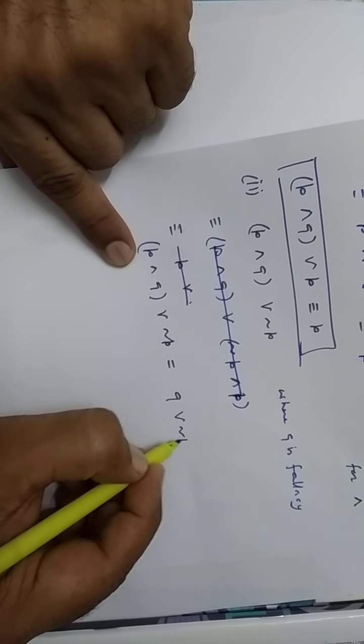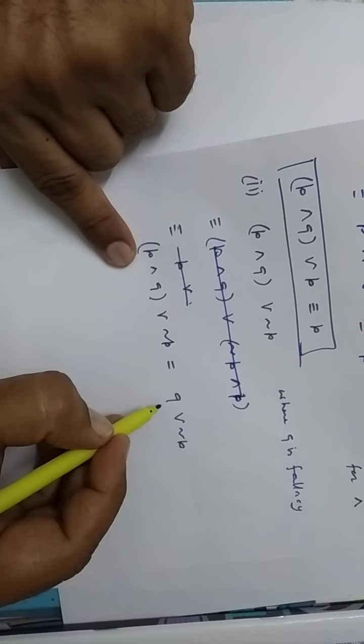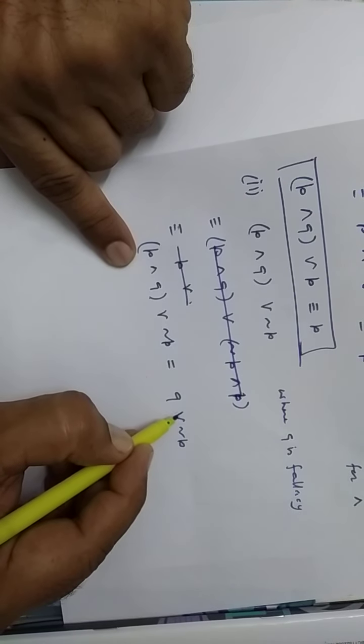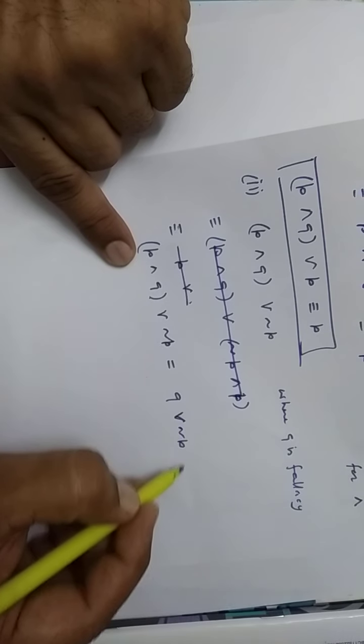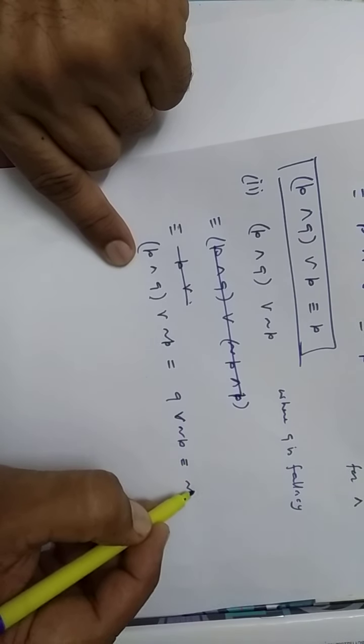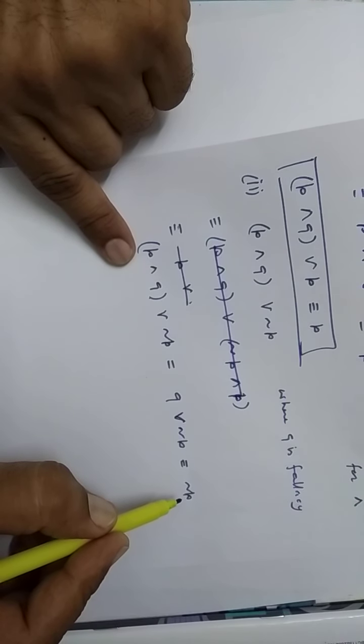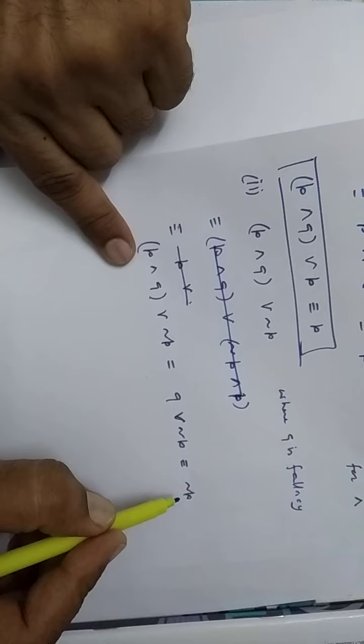Q and negation of P. And Q is fallacy. Fallacy and negation of P is nothing but the negation of P. So this will be the answer.